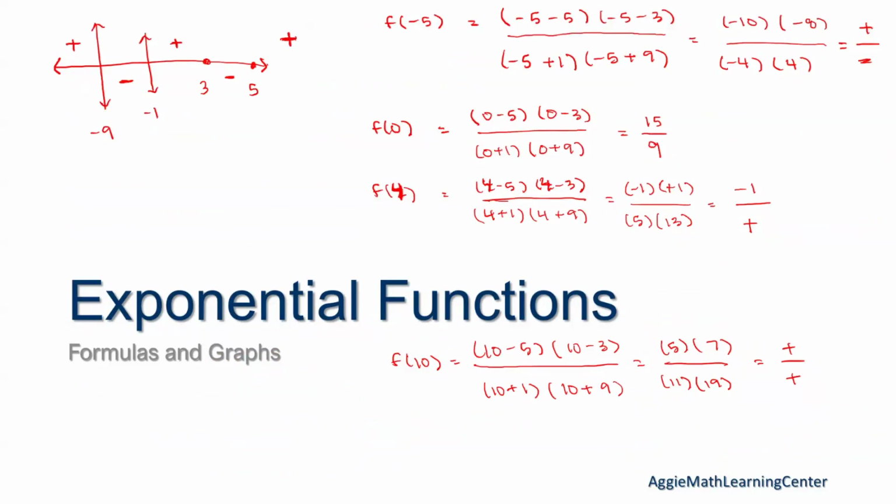So we want to know when it's less than 0. So we don't include negative infinity, it's positive down there. We don't include negative 9 because that's an asymptote. But we're gonna go from negative 9 to negative 1, and we won't include negative 1 because that's an asymptote. And we'll take the union of that, but it'll be a hard bracket because 3 is 0, to 5. And after that, it gets positive again. And so that will be our entire solution.